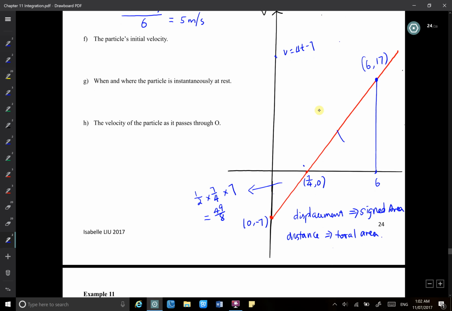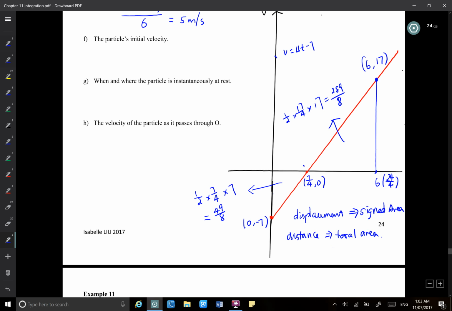And let's have a think about this area. 6 is 24/4, so 24/4 minus 7/4 here will be 17/4. So it's a half times 17/4 times 17. So 17 times 17, 289, that's 289/8.